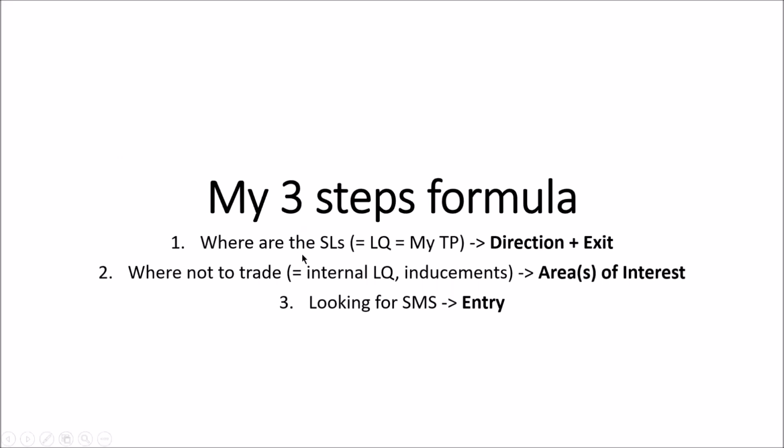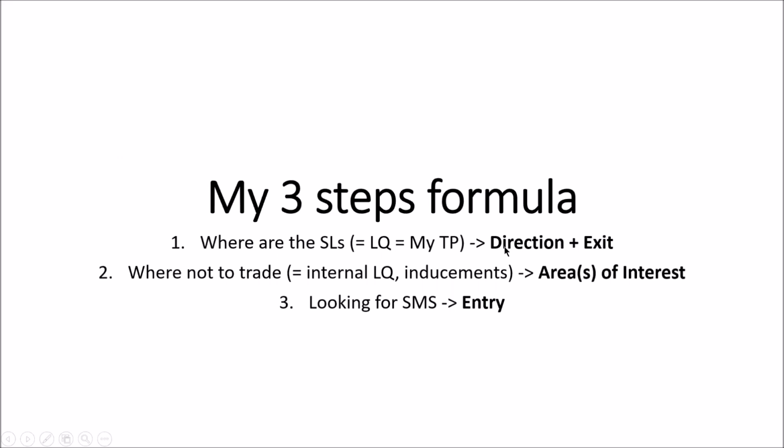So where is the trap? When I find this, I know where the liquidity is, because the stop losses are the liquidity. And therefore, this is my TP. So the first thing I find is my TP. Why? Because this will give me the direction and also the exit.